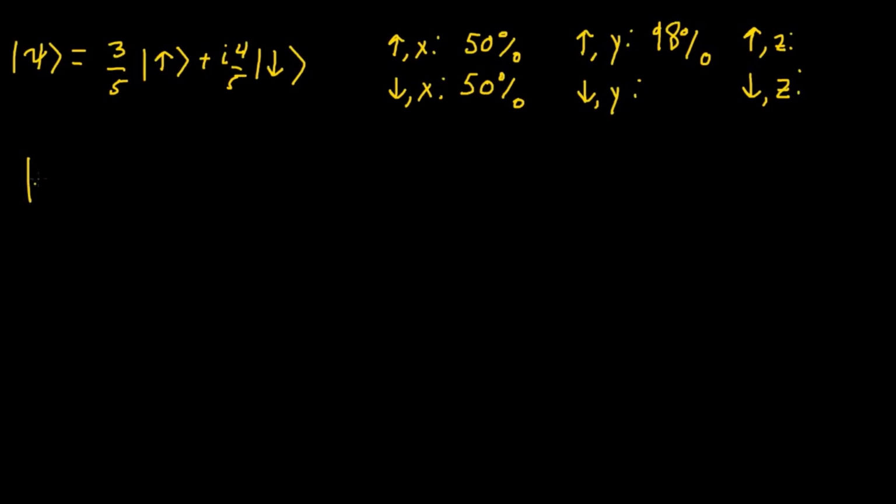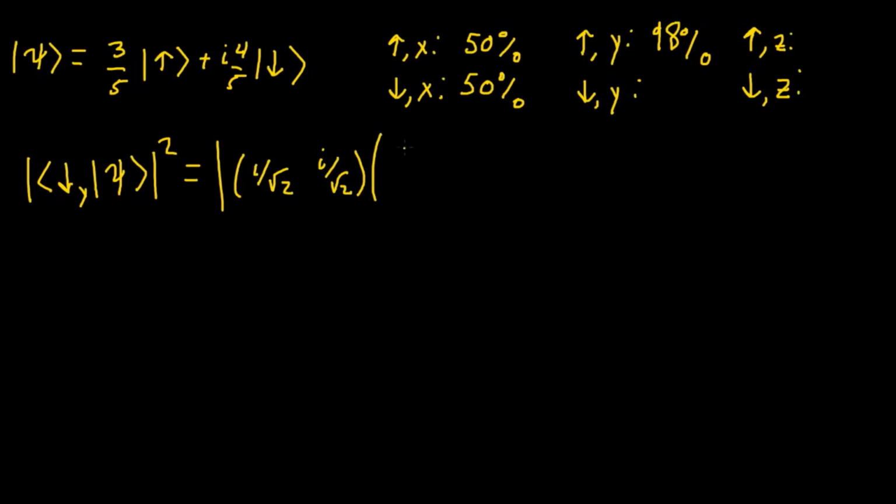So because we know that the probabilities have to sum to 100%, we know that the probability that we measure spin down in the y direction has to be 2%. But it's good to check the math anyway. Makes you feel responsible. All right.